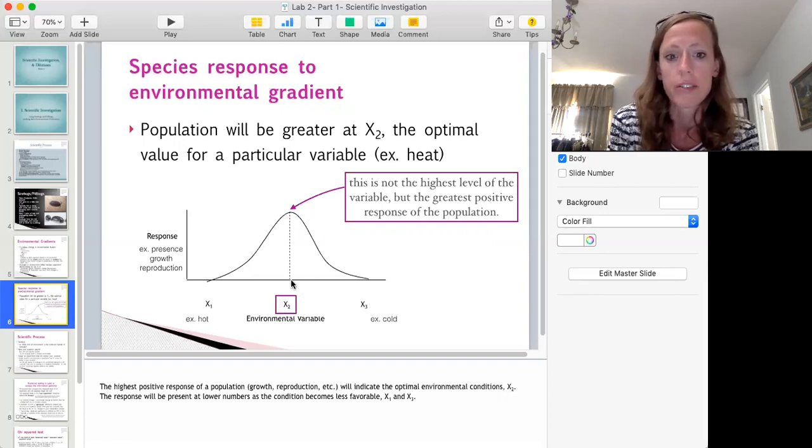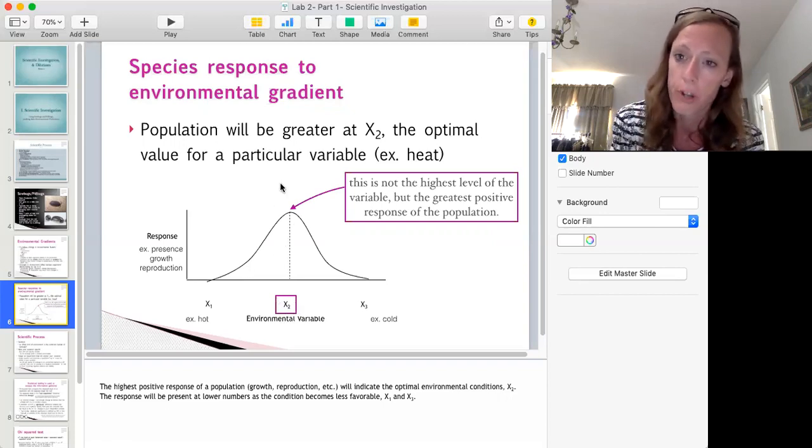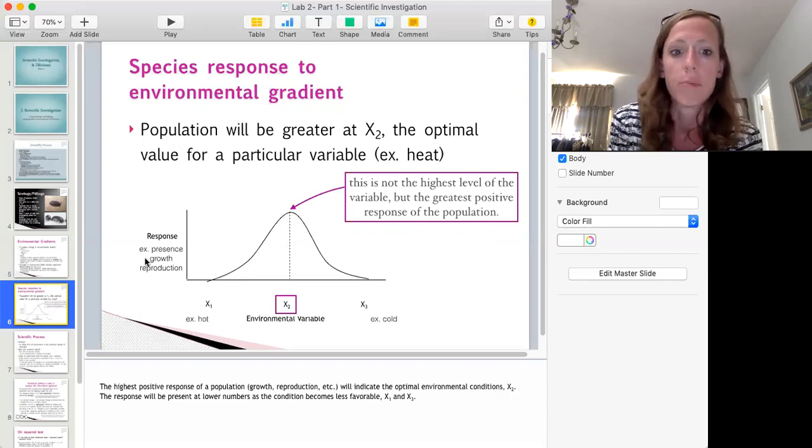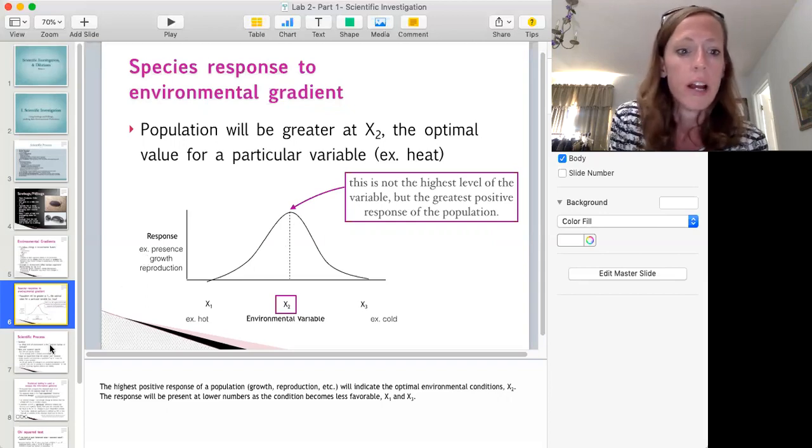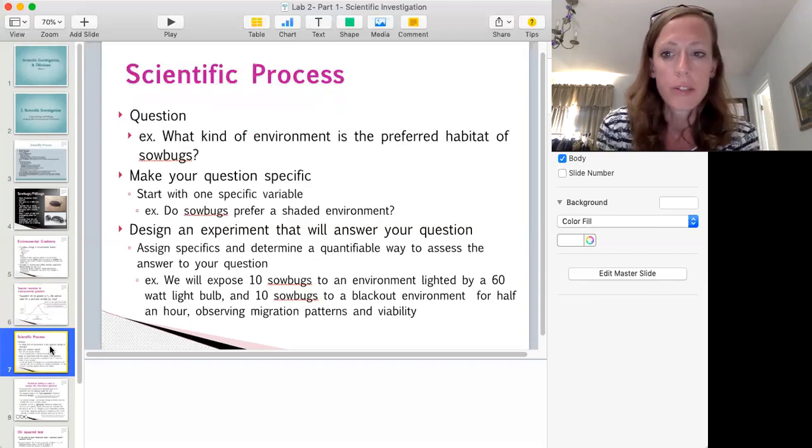So in this example, a warm climate is the most preferred environment for whatever the response is, so growth, reproduction, viability, etc. Okay. All right, so let's move on then to our next slide, scientific process. We need to always come back then.